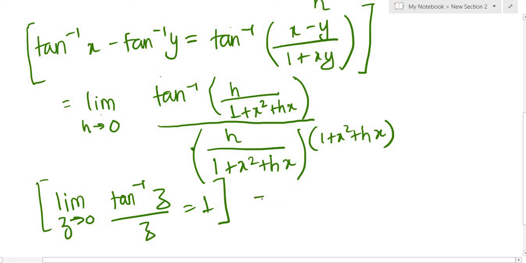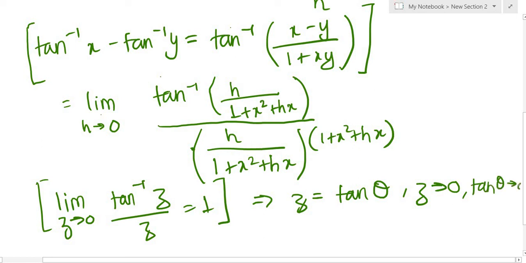You can do a variable substitution. So I'll just quickly do it. Let z equal tan theta, and as z goes to 0, tan theta will also go to 0.